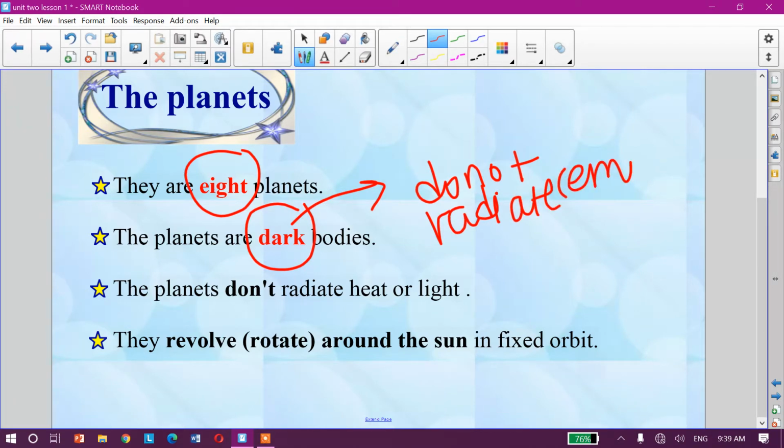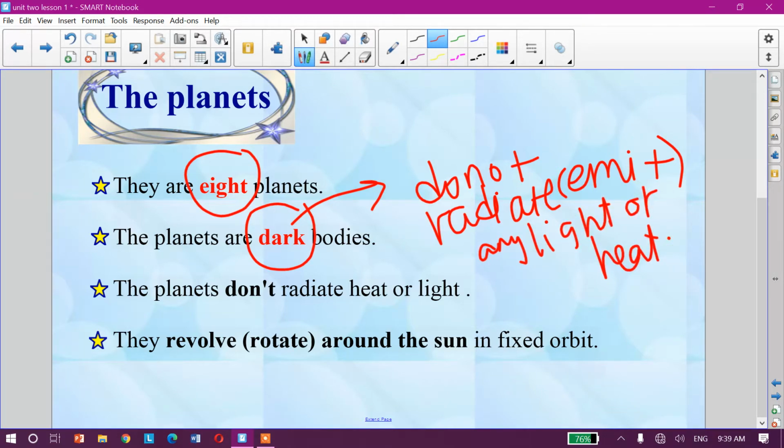Emit or release or produce. They don't radiate or emit or produce any light or heat. So they are dark bodies and they revolve or rotate around the sun in fixed orbits.